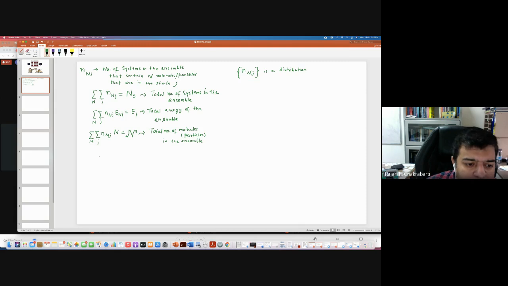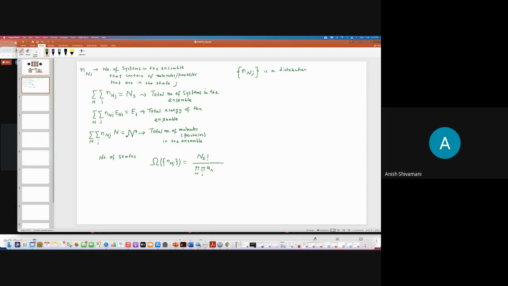So the number of states for a particular distribution is, you know, this omega. Can anyone tell me what this is? You know this answer. This is N_s factorial, but here it will be slightly different, isn't it? You'll have a product over N as well. This is fine.